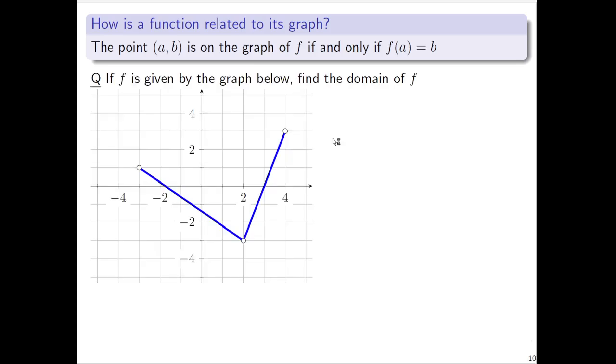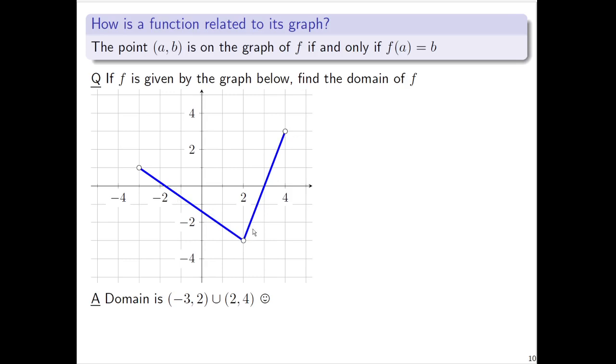Now, as a slight change, let's take a look at the domain here. So looking at this picture, what are the inputs, or what is the set of x values that we see? So here we've got x values from -3 all the way up to +2 right here, but we stop because of this unfilled in point. So we don't have a point here, we just have everything that leads up to it. And then we also have points between here and there.